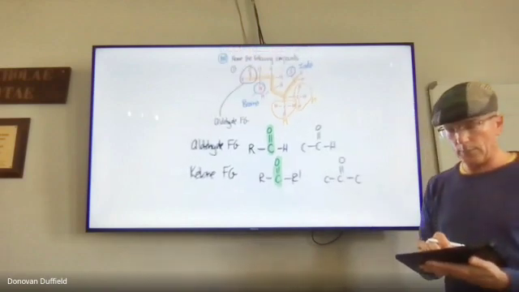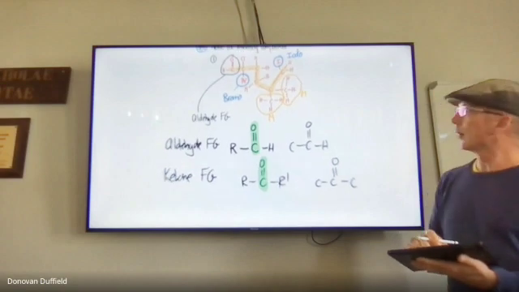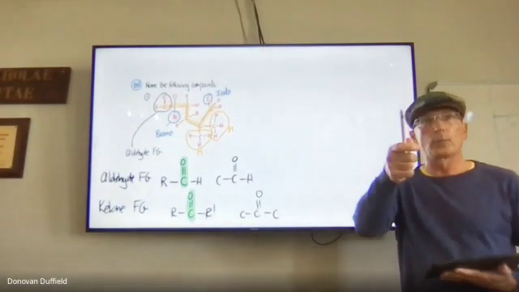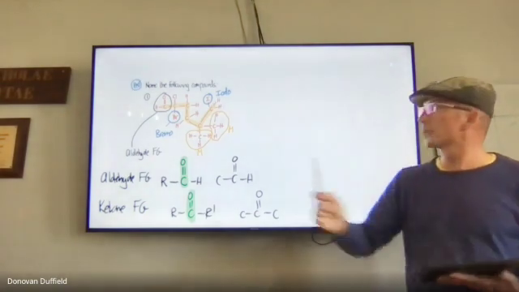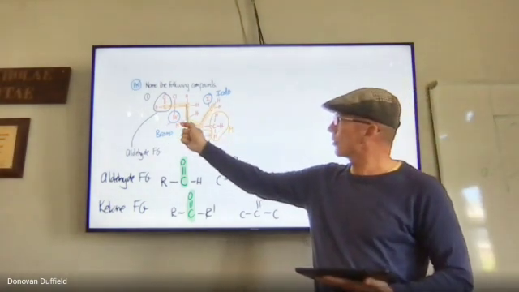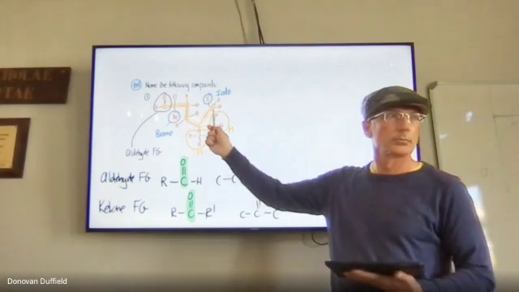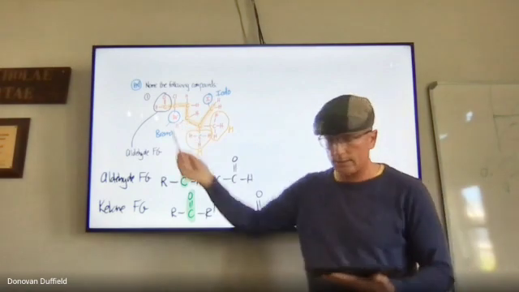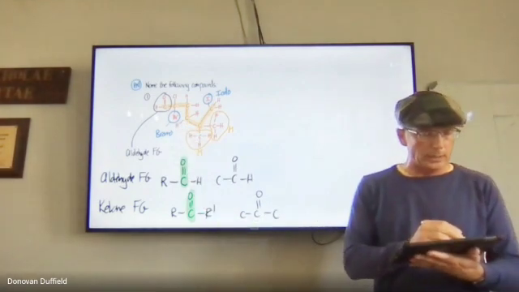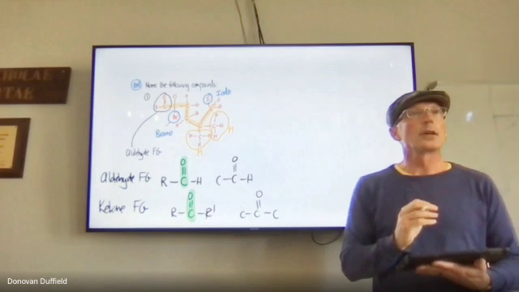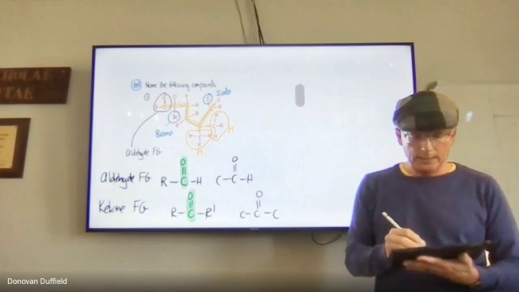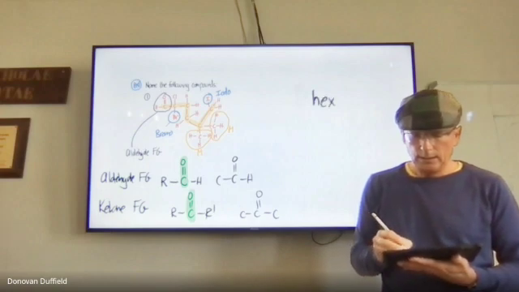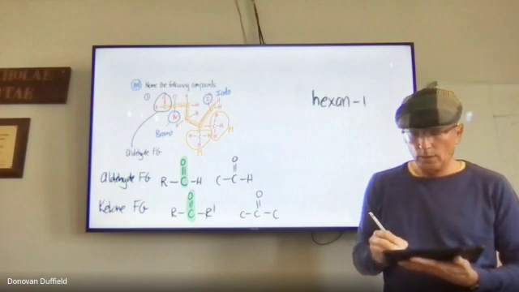Okay. Now, let's name this. So now, Taylor, we count the number of carbons. 1, 2, 3, 4, 5, 6. So that is going to be hex and 1-al.